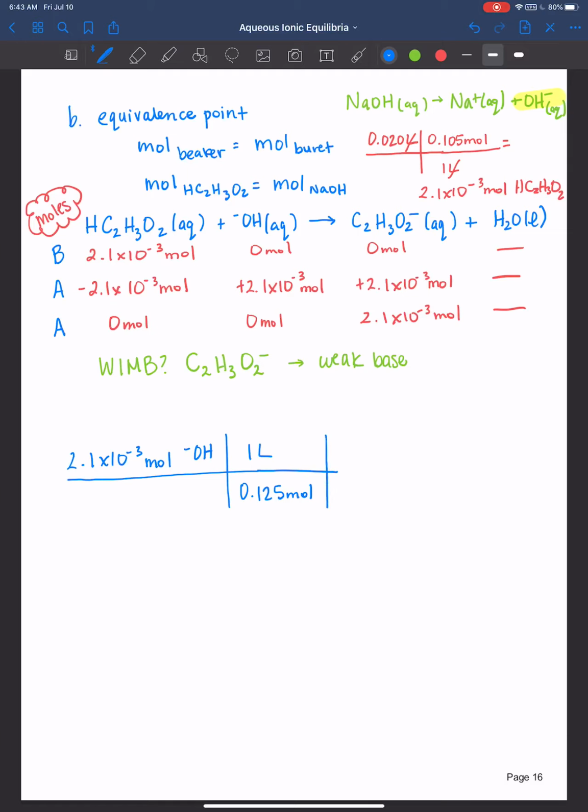And then if we wanted to convert that to milliliters from liters, liters cancels out, moles cancels out. So we need 16.8 milliliters of sodium hydroxide solution to reach the equivalence point of a 0.125 molar sodium hydroxide solution.